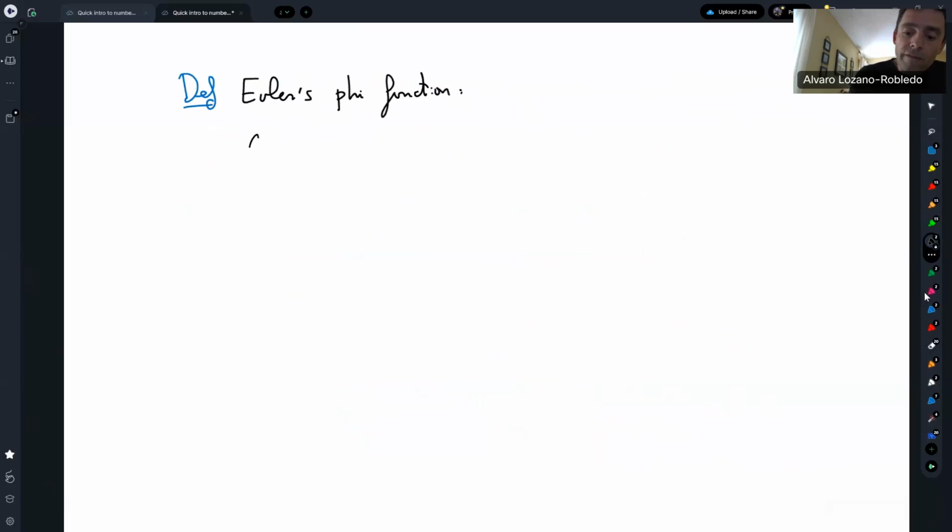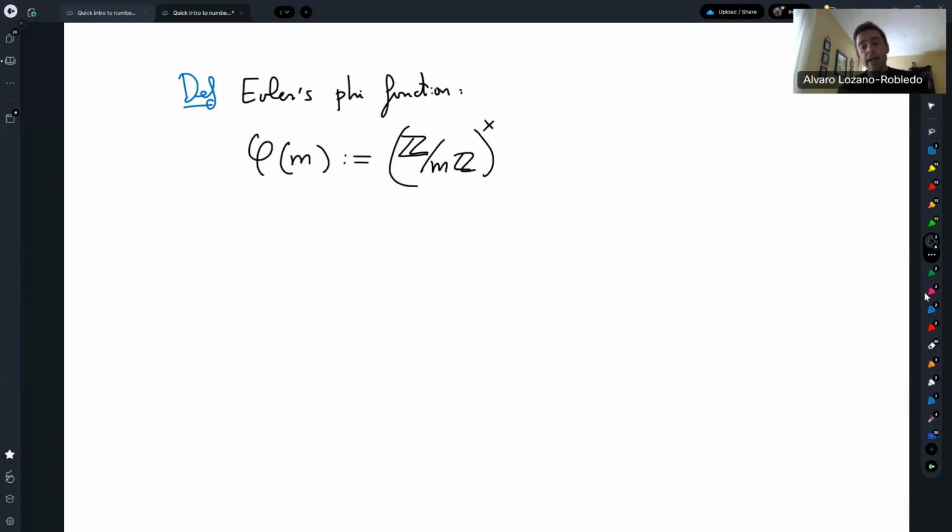So the function phi of an integer m is defined to be precisely the number of congruence classes modulo m that are units.